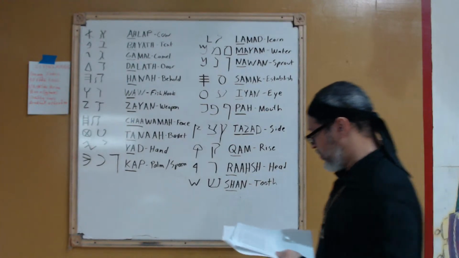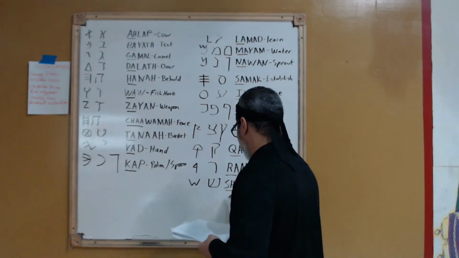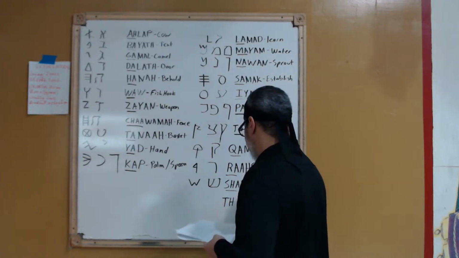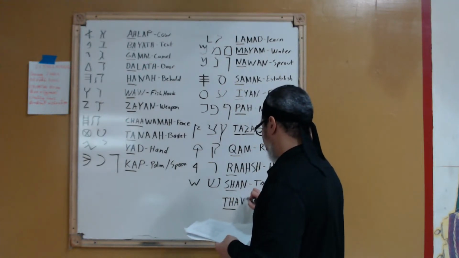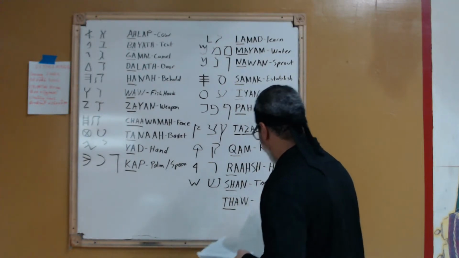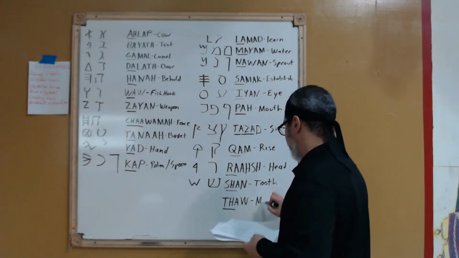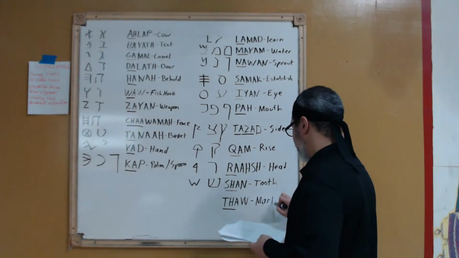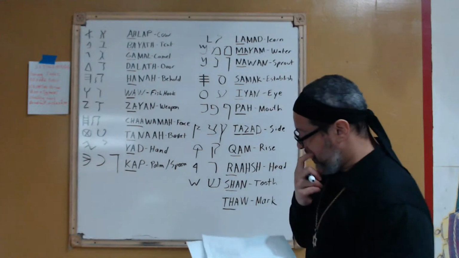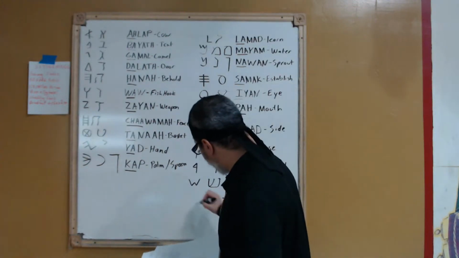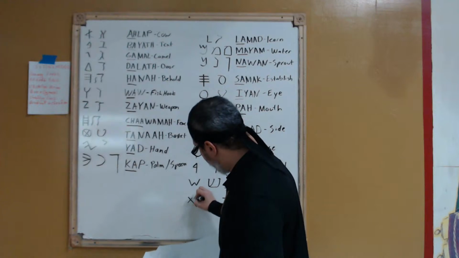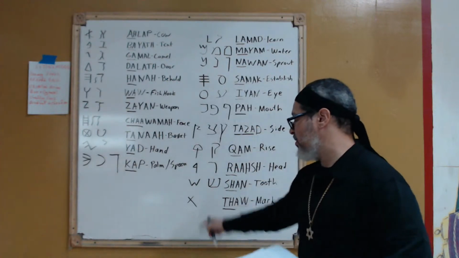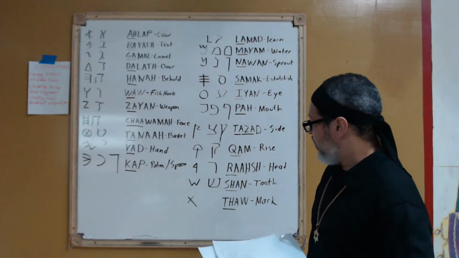And the last one was tha, which is short for tha, which is your mark. I like to remember it as X marks the spot. Looks like a long version, a shorter version, almost like a cross in the ancient.